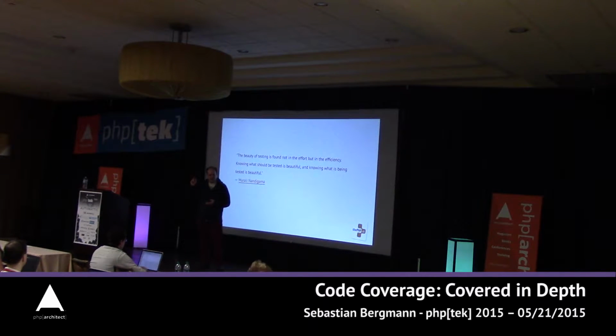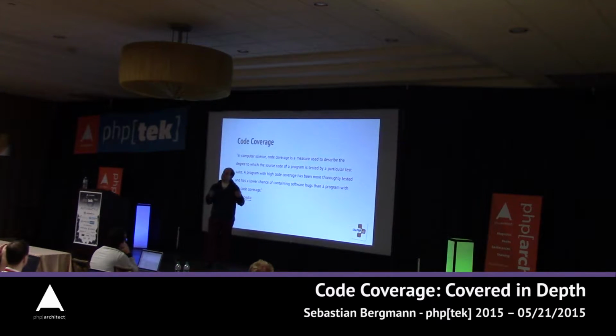In the very beginning of this chapter, the author writes, the beauty of testing is found not in the effort, but in the efficiency, and knowing what is being tested is very beautiful. So getting more information while the tests are running about which parts of my code are already being tested and which parts are not tested is really useful information.